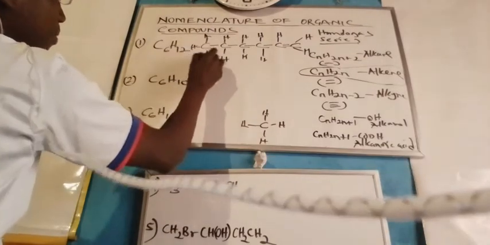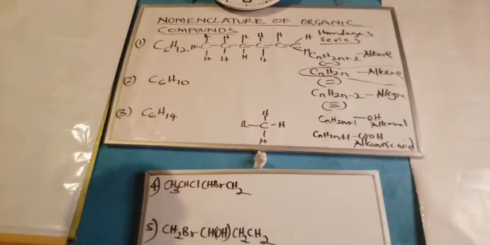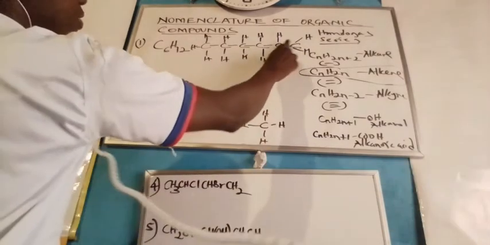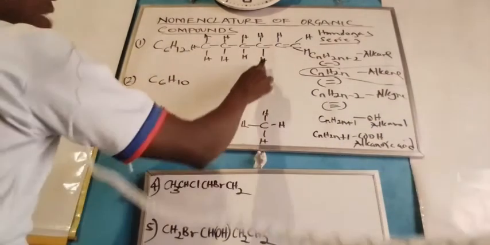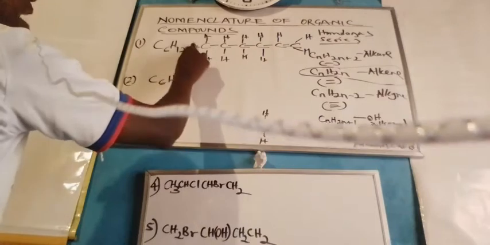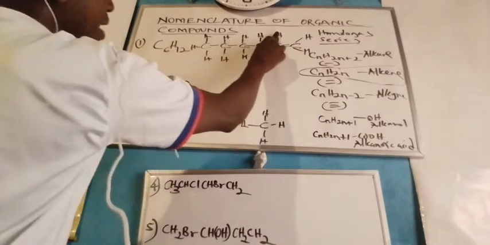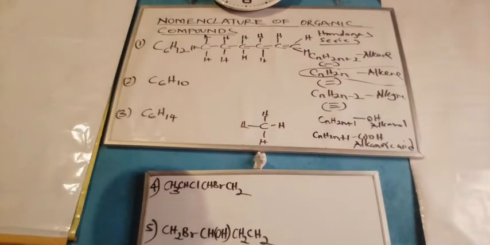Now, to confirm this, we need to count the number of hydrogens in respect to the number of carbons. First, there are 1, 2, 3, 4, 5, 6 carbons. Secondly, the hydrogens are 1, 2, 3, 4, 5, 6, 7, 8, 9, 10, 11, 12. That means we have represented the molecule effectively.